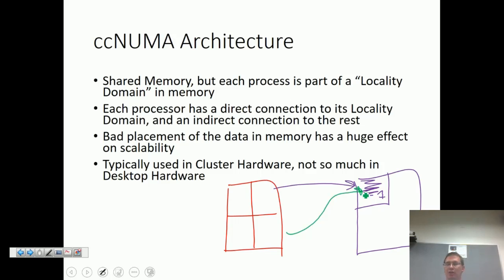The problem is they are all basically using up the bandwidth of this indirect connection. If all three of these are trying to fight over this bandwidth here, then it really ruins your scalability. All right, so the question is, how do we take our memory and distribute it well between the locality domains of 1, 2, 3, and 4?